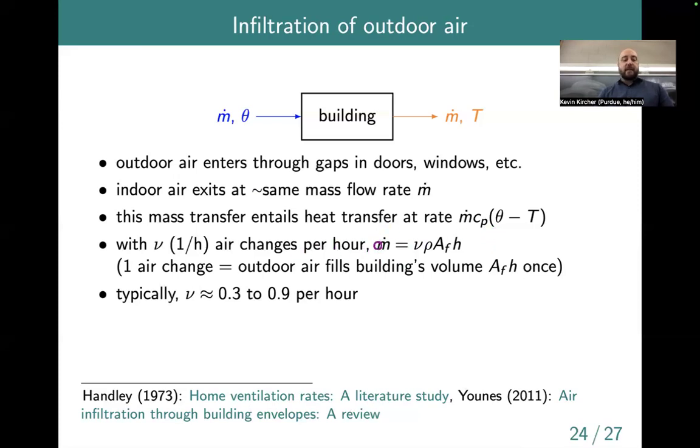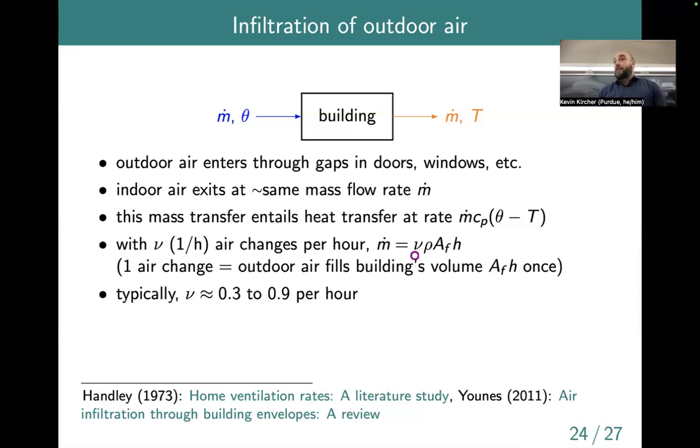Well, m dot here can be expressed as a thing called nu, which is called the air change rate. And this is widely used in the heating, cooling and ventilation industry to describe how much ventilation air a space would need.